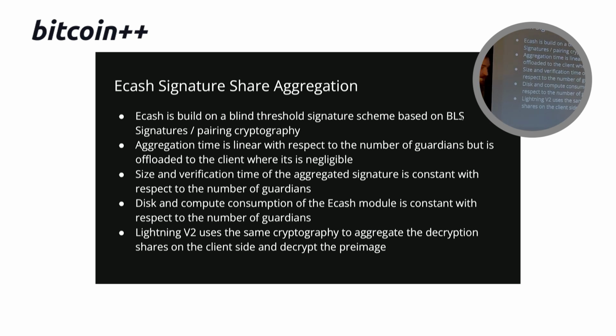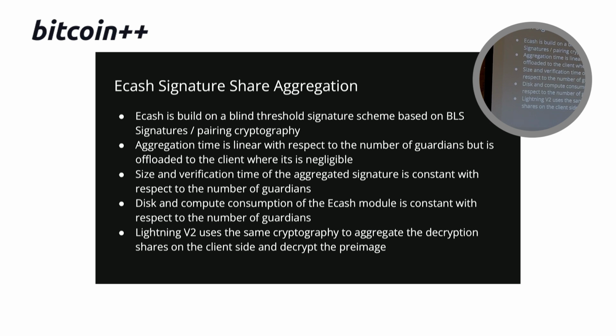Yeah. And I think Eric mentioned this in his introduction before. If we want to issue an ecash note, every one of the guardians will create a signature share, and then the client will go to every single one of those guardians, ask it for the signature share, and verify the signature share. We take a threshold of those signature shares, like 3 out of 4 or 4 out of 5 shares, and then aggregate them locally.